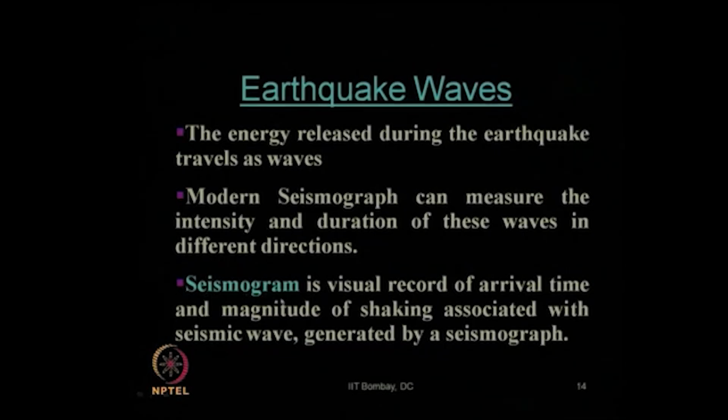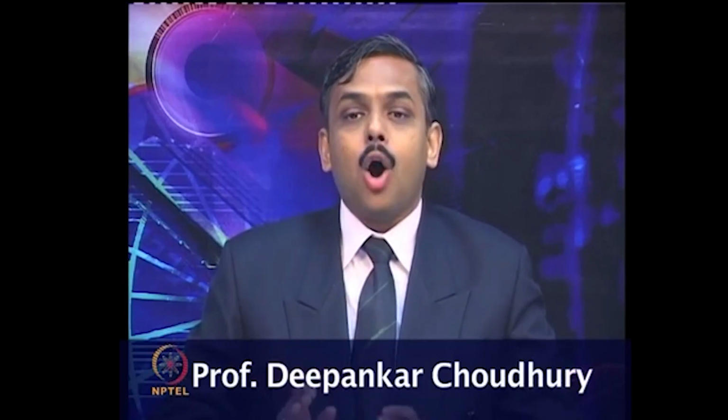The seismogram is the visual record of arrival time and magnitude of shaking associated with seismic waves. So, the instrument which measures these seismic waves is called a seismograph, and the paper or page on which we get those recorded, that data sheet, is known as a seismogram.